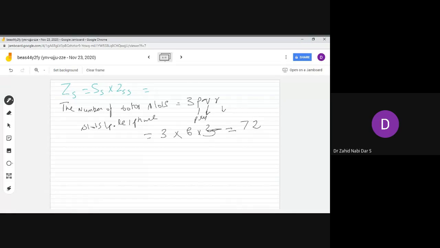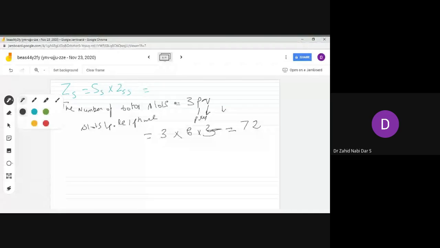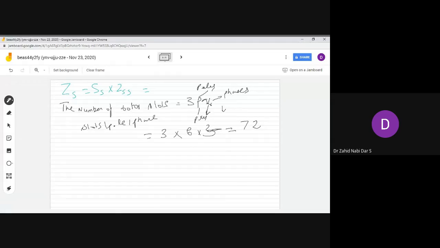For a three-phase machine we write 3 PQR, where P is the number of poles and 3 the number of phases. 3 into 8, 24, and the coil span would be 72 divided by 8, so it would be 9.